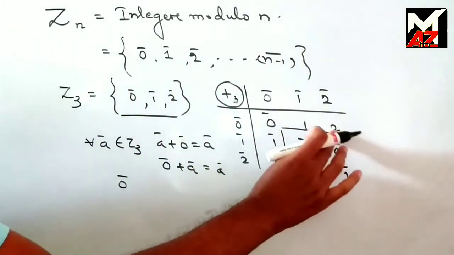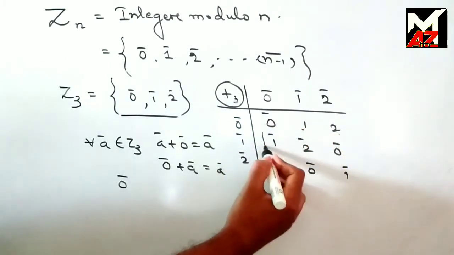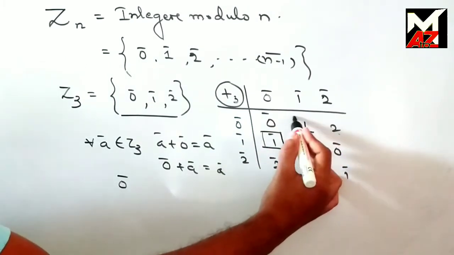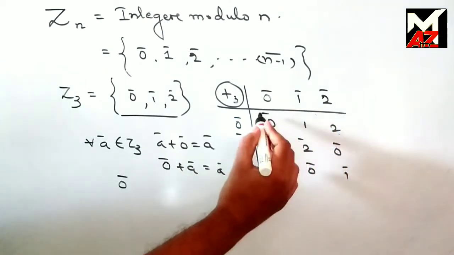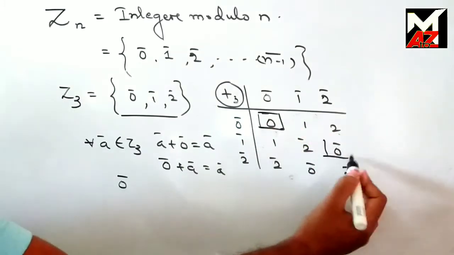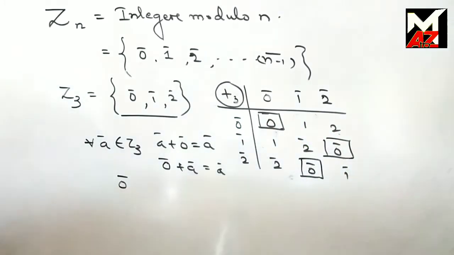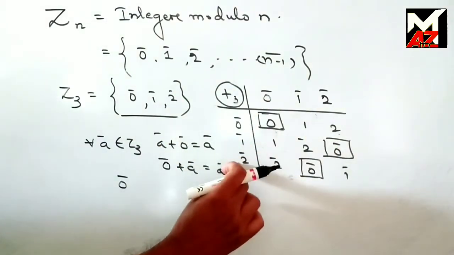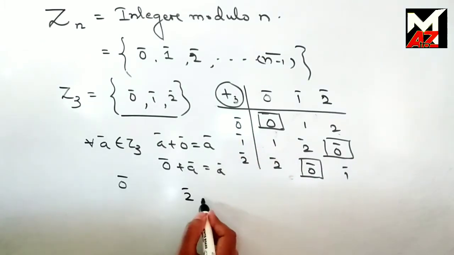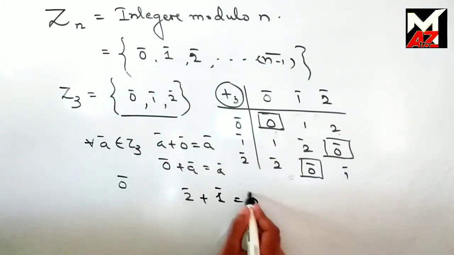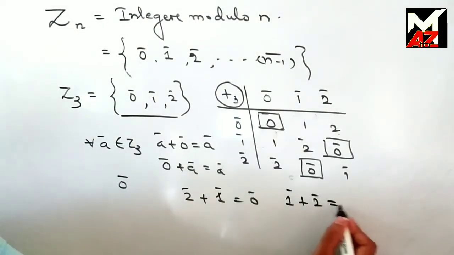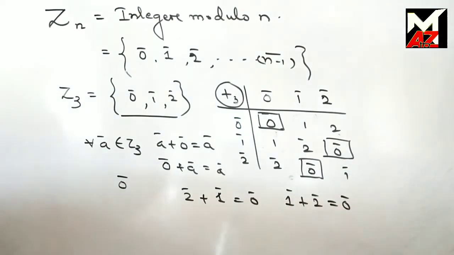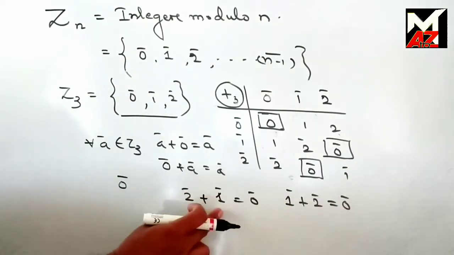And in each row and each column we see that the 0 class, the identity, appears. So we can write from here, 2 class plus 1 class equals 0 class, and 1 class plus 2 class equals 0 class. So we say that the 2 class is the inverse of the 1 class.